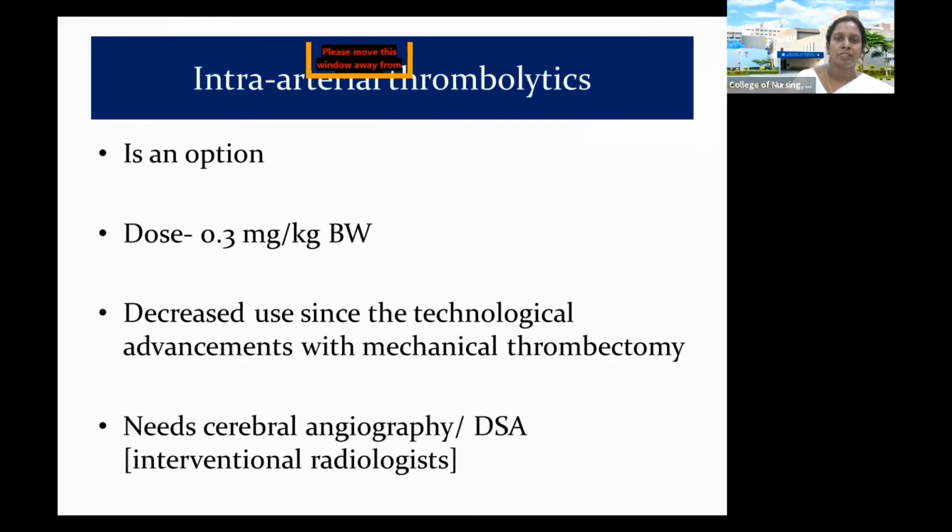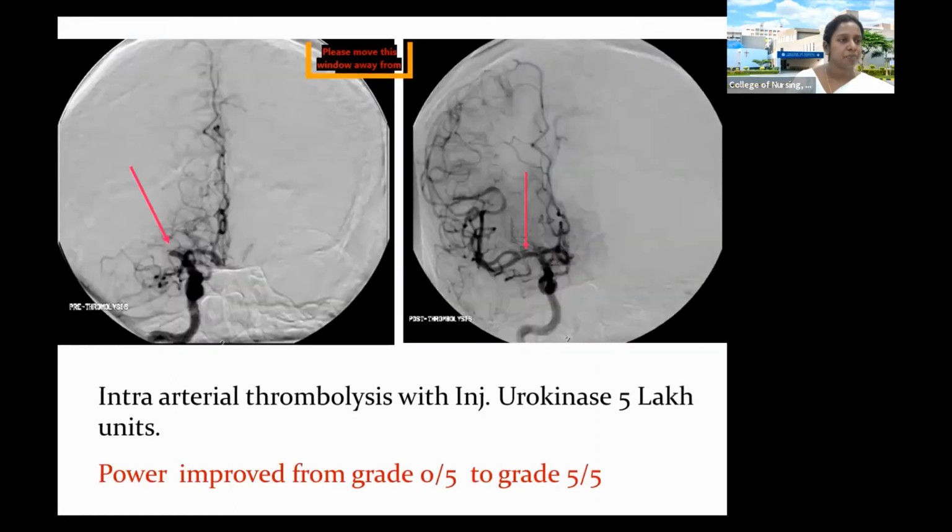Intra-arterial thrombolytics is also available. It's an option that is there. The dose in IV RTPA was 0.9 mg per kg body weight. Here it is 0.3 mg per kg body weight. But here patients will have to undergo a radiological procedure like a cerebral angio or a DSA for administering intra-arterial thrombolysis.